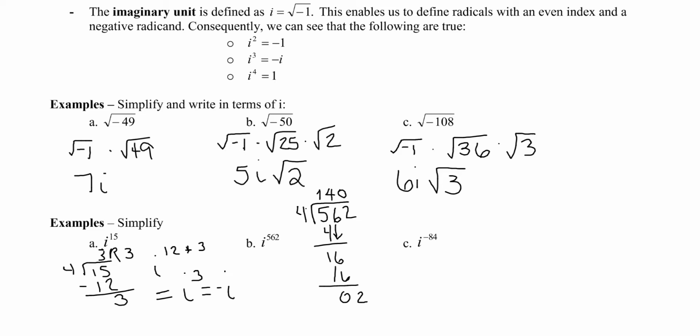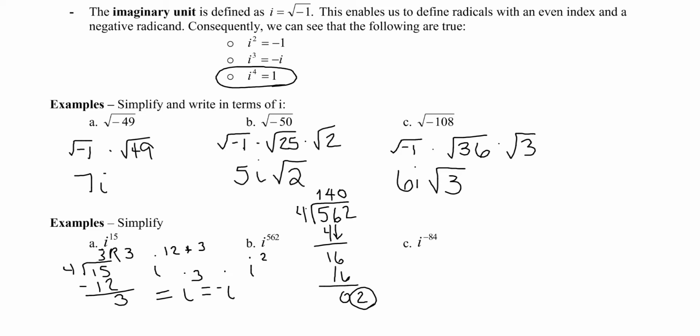So if we simplify this again, we have i, and we can make 140 groups of 4, which again, when we make those 140 groups of 4, that turns it into a 1. And we have a remainder left over of 2.